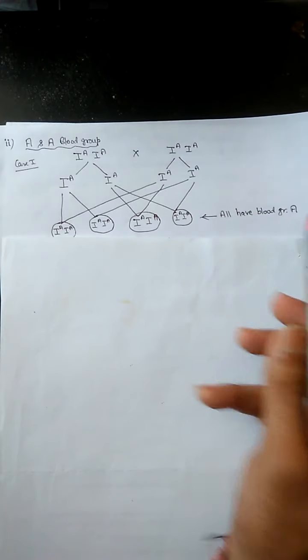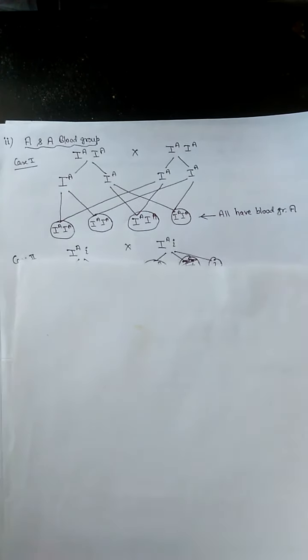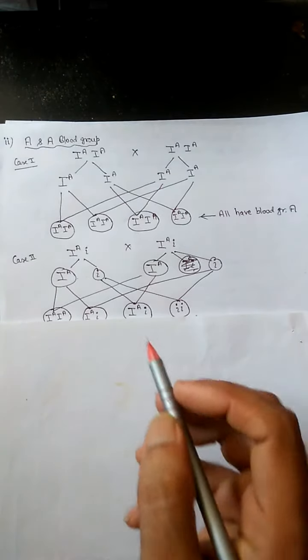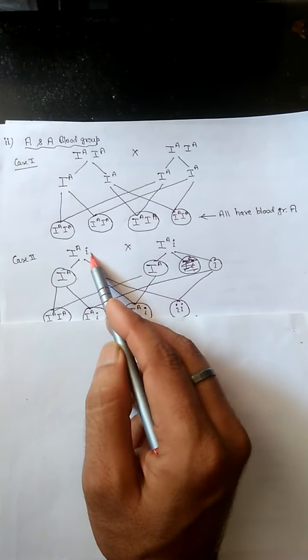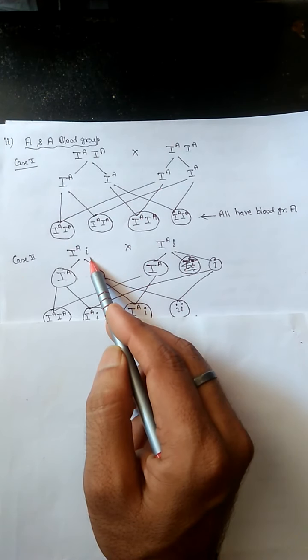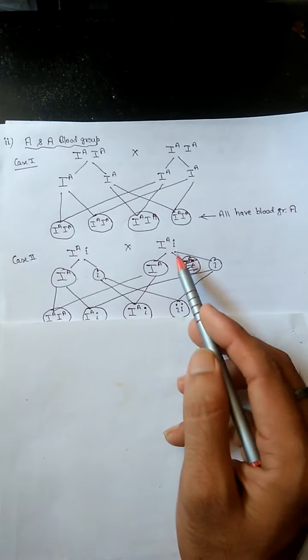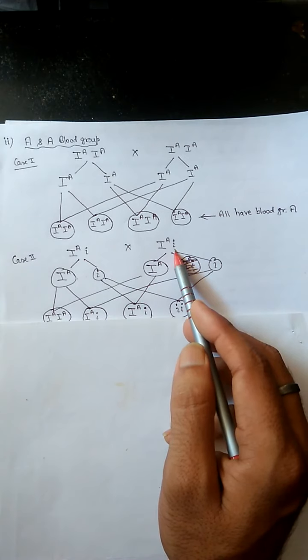Now, the second probability is that the A blood group parents have i as a recessive allele. Here also i is recessive.